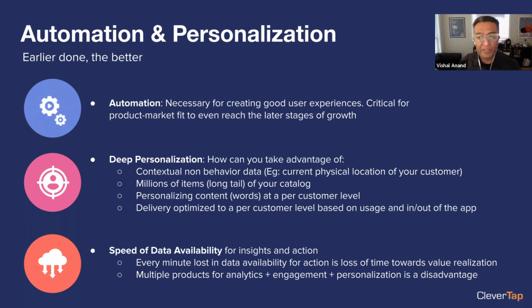Every minute lost in data availability is a valuable minute lost in product value realization. And Sunil talked about the product being 7 years old. It's kind of surprising that in 7 years, our premise from day one, and we built for it, is that insights and actionability should not have a non-real-time connect.